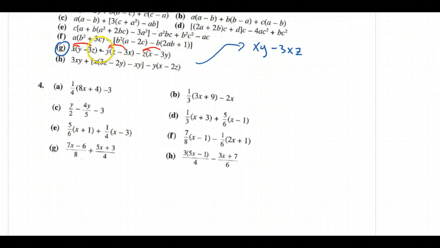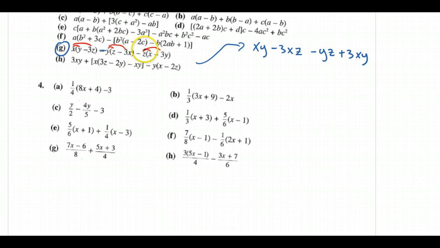Be careful because of the negative sign. Negative y times z gives me negative yz, and negative y times negative 3x is going to be positive 3xy. Why positive? Because the negative times the negative makes a positive.